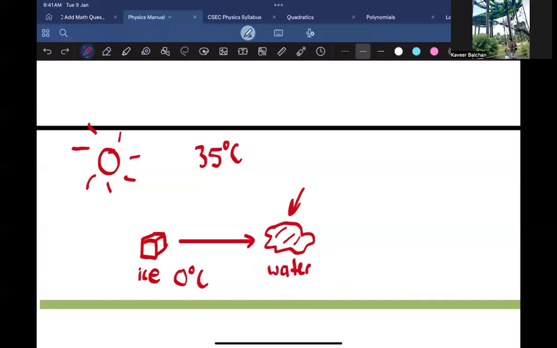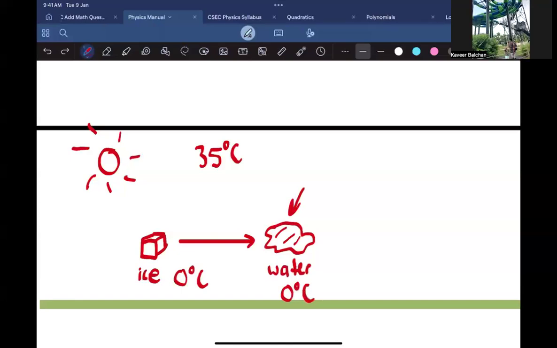0. It'll be 0. Imagine holding a block of ice in the sun, right? When the ice melts, the water will be cold, and it will take a long time for it to reach 35 degrees Celsius, which is hot.